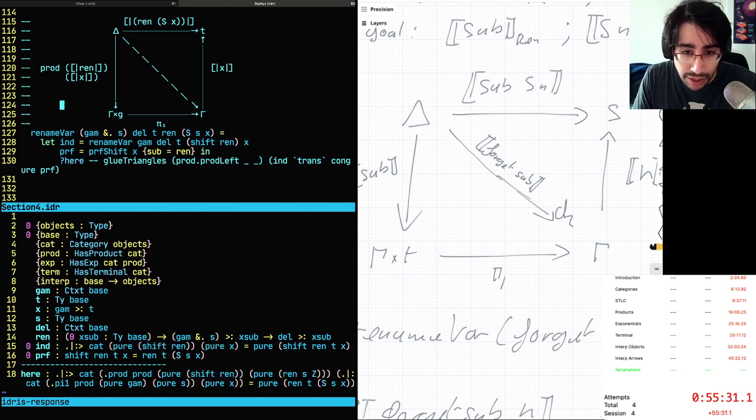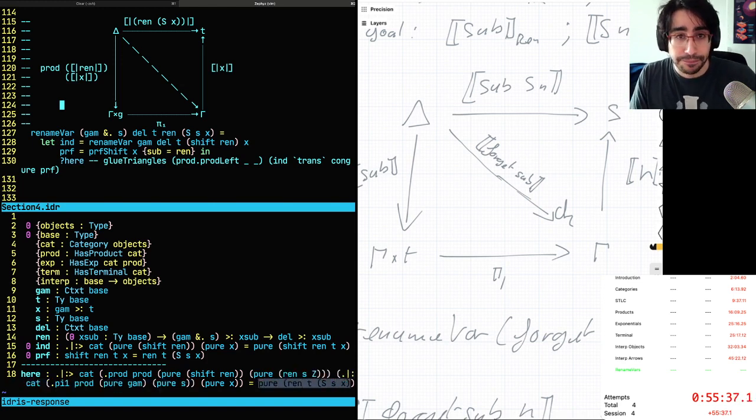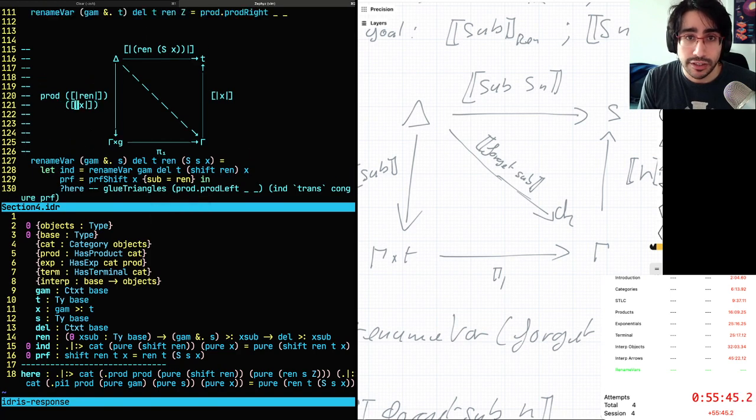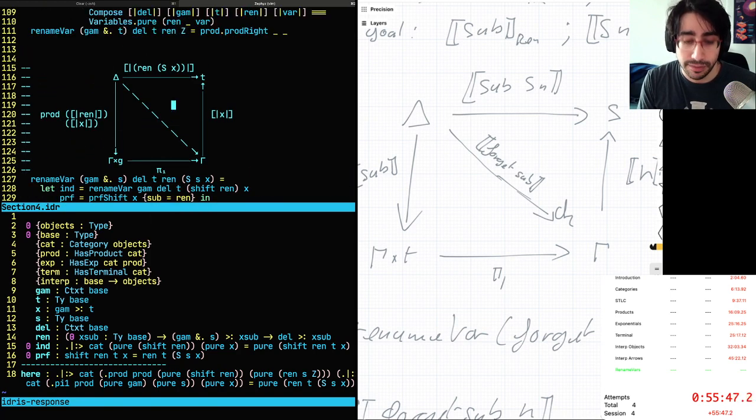You just need to fiddle with this middle bit to figure it out, and you need to figure out this right bit here. And again, if you draw the induction hypothesis as a triangle, you see it's actually this triangle here. The induction hypothesis is here. So now we need to figure out what this triangle is.